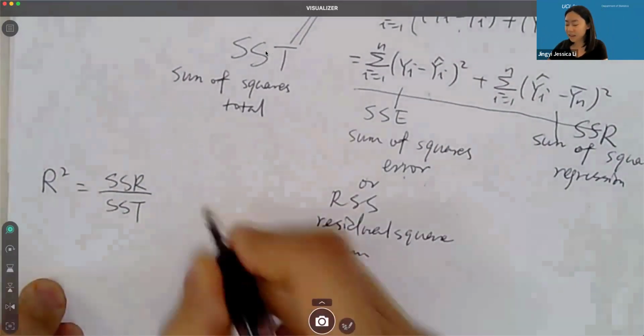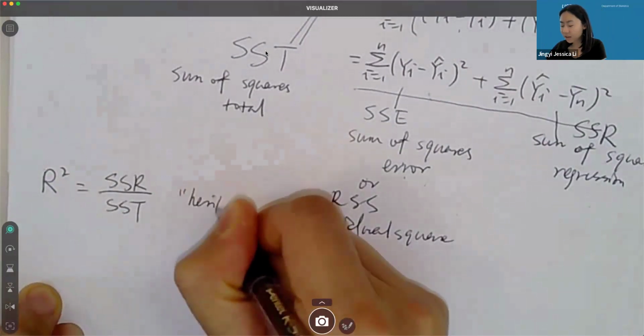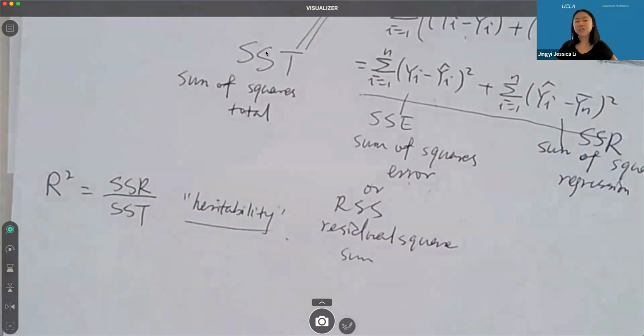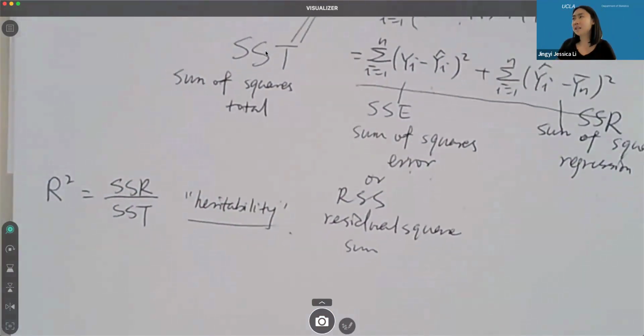In genetics, it may be called heritability. It is a jargon, but it means how much of the trait is heritable, that is, explained by the model. Okay, so the linear model is still very widely used for explaining our data.